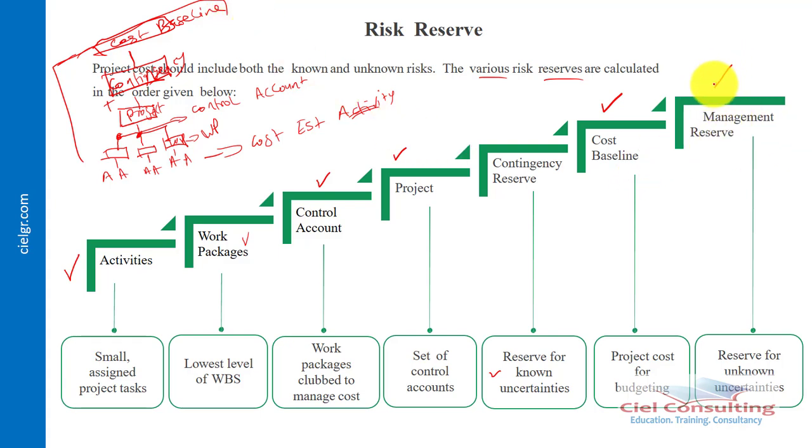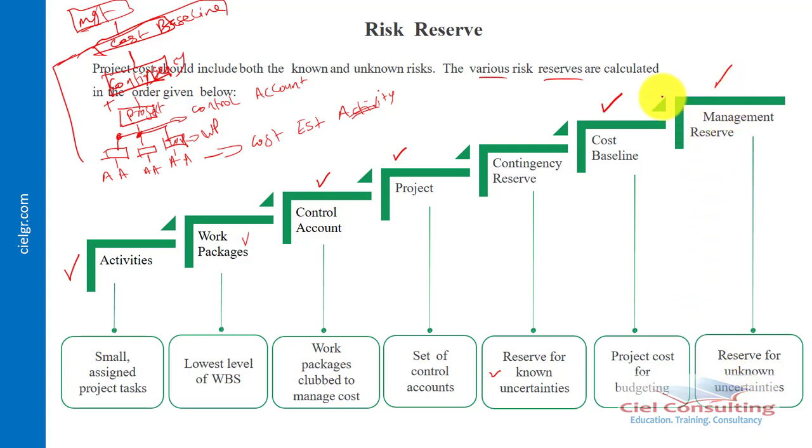At the last level you have management reserve. Management reserve is another set of reserve put in place by management in order to address what we refer to as unknown uncertainties. These are risks that hitherto we were not able to identify, and nobody could ever think about the fact that such a risk might emanate. That's typically where management reserve comes in.